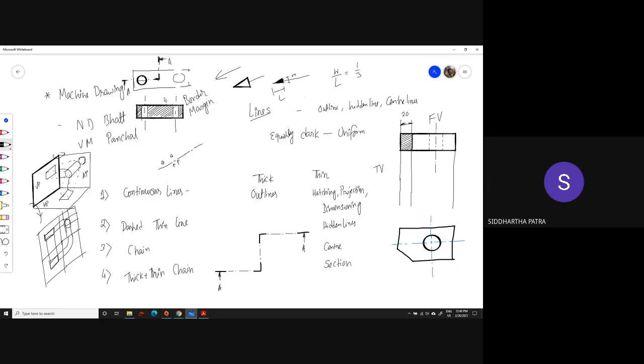Or for that matter I can do it on this other side.